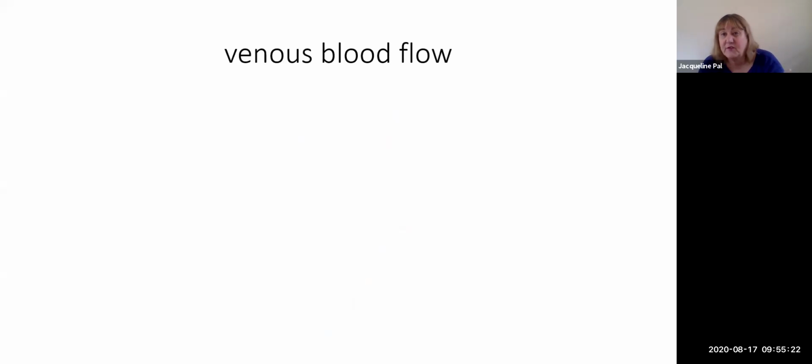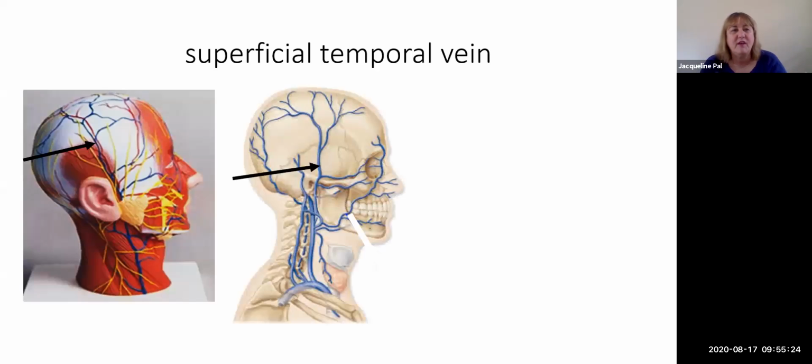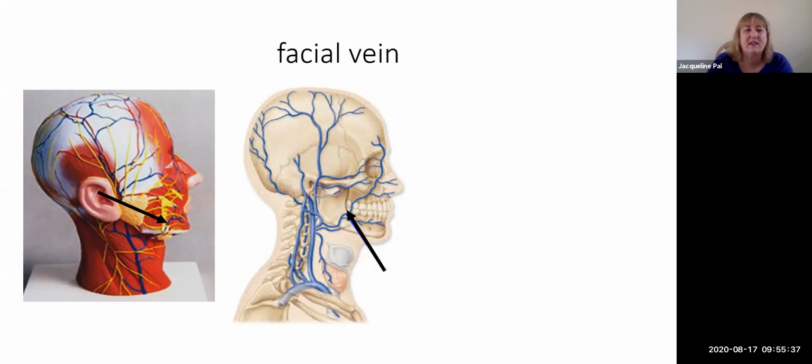So for venous blood flow, let's pick up where we left off, and that is right next to the superficial temporal artery. You're going to have what else? A superficial temporal vein, and it will drain blood inferiorly, and that blood will be joined by blood coming from the facial vein, which, as you can clearly see in this model, is right next to the facial artery.